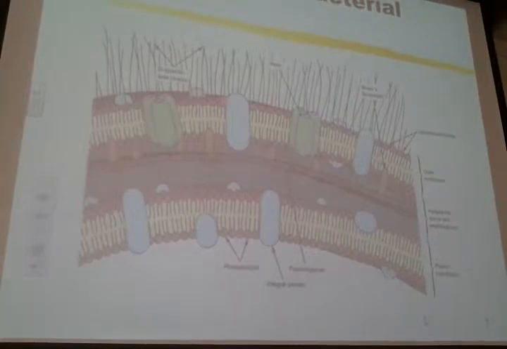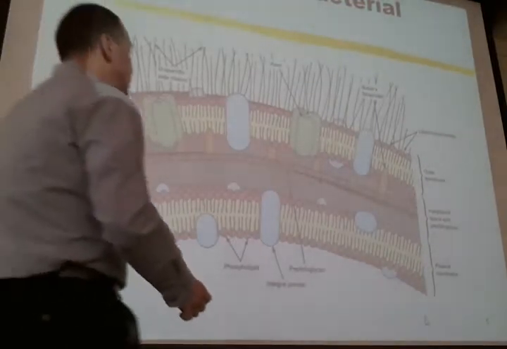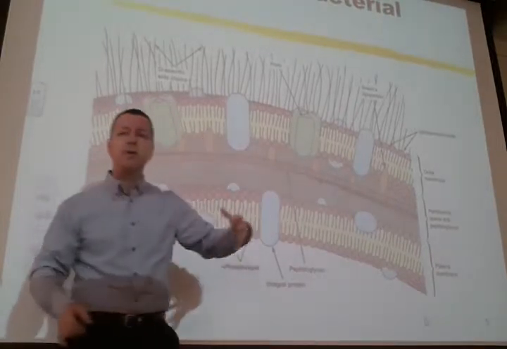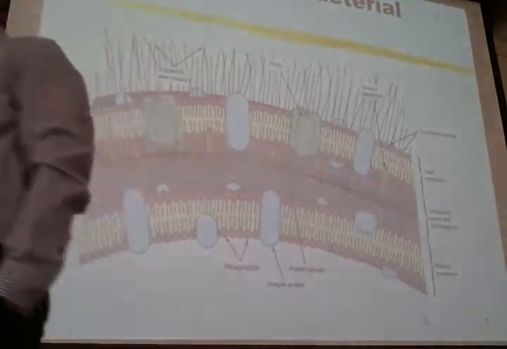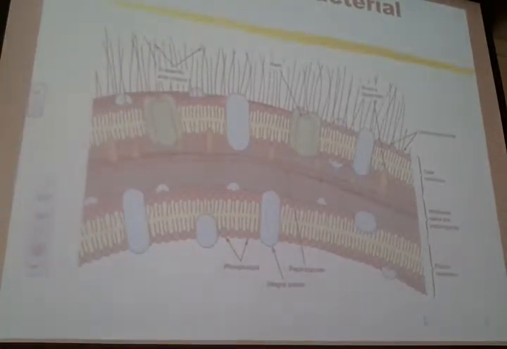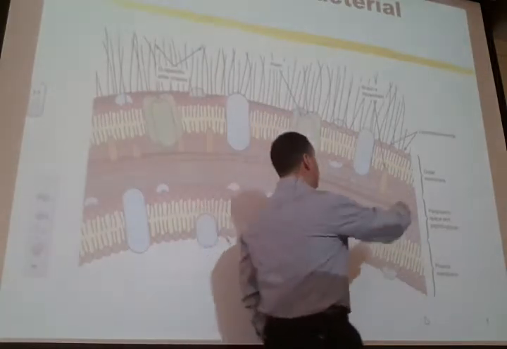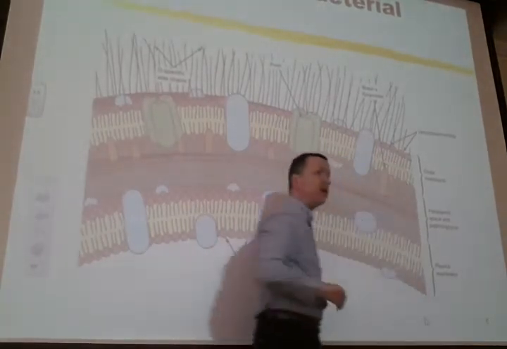Endotoxin is a toxin that is actually part of the structure of the cell itself, is what the endo part means, as opposed to an exotoxin, which is a toxin that's secreted from the cell. Okay, so this one is part of the cell wall itself, so we give it a different name called an endotoxin.